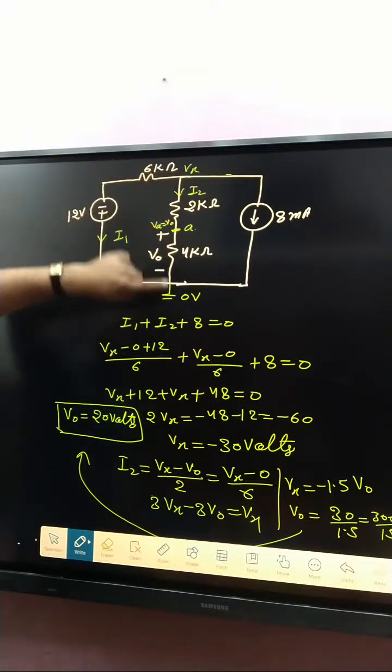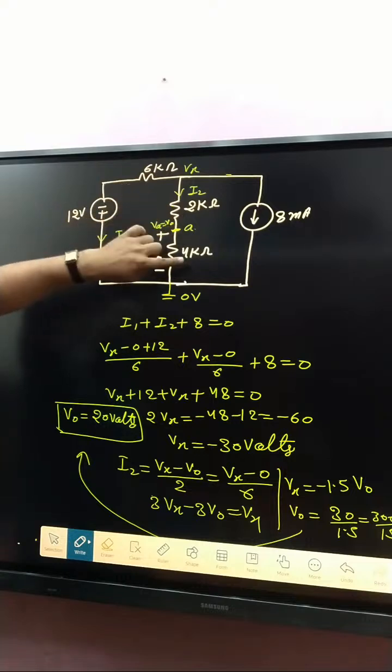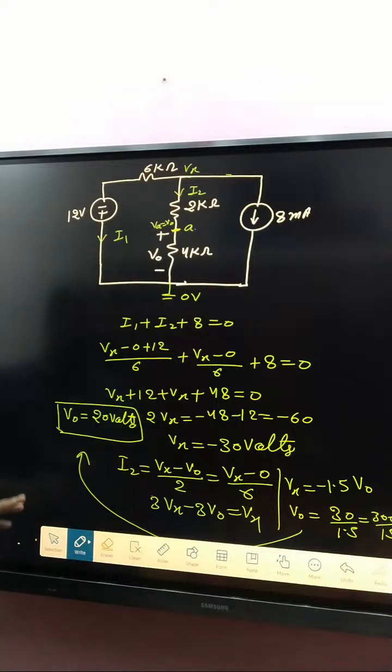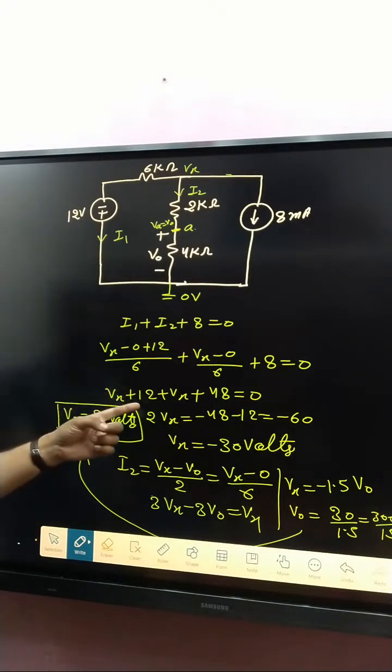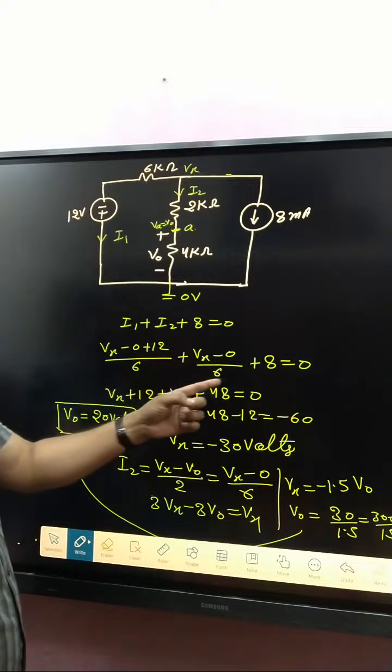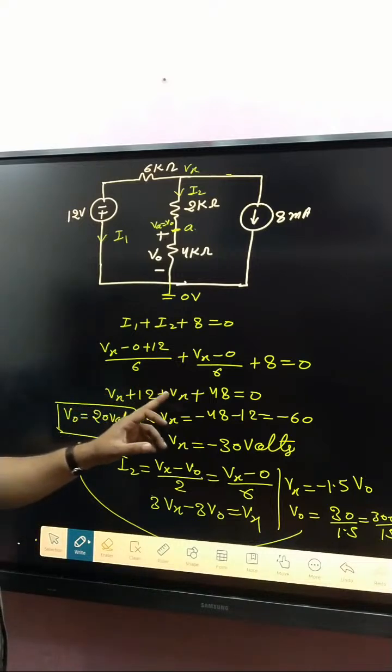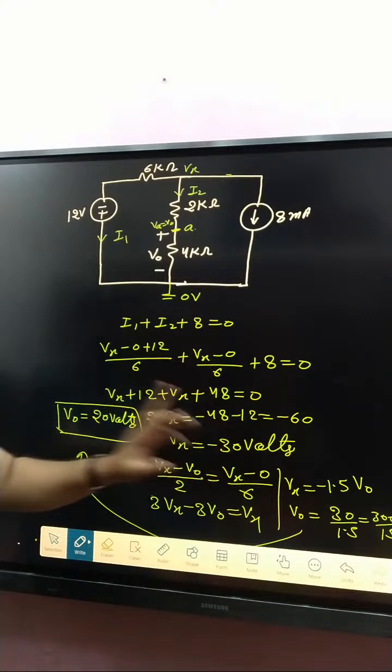I2 is Vx minus 0 divided by 2 plus 4, that is 6, and that is 8. This is equal to 0. After taking LCM, Vx plus 12 Vx, and 6 into 8, 48, this is equal to 0.